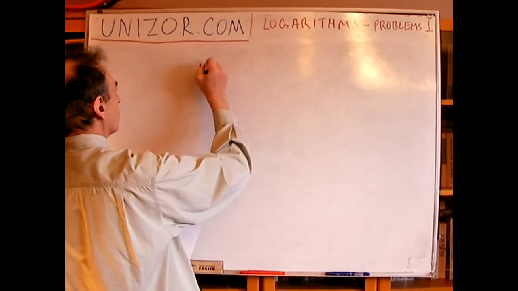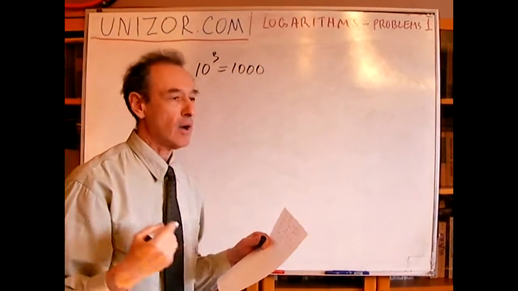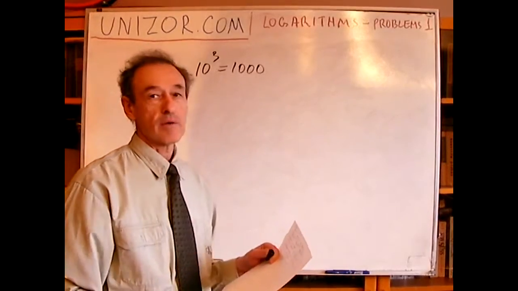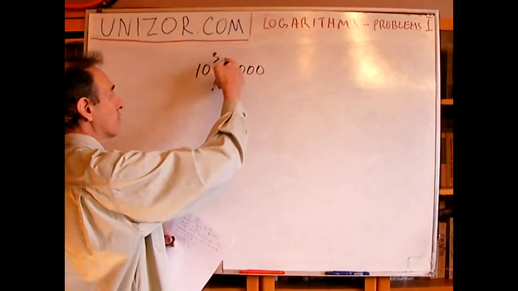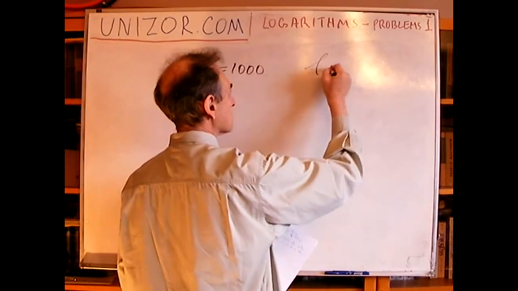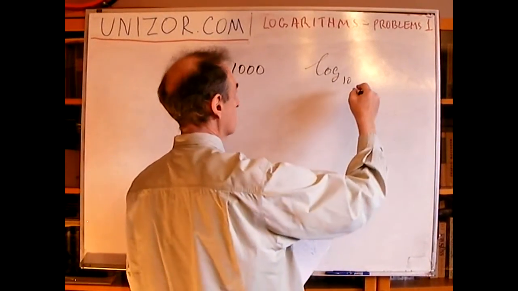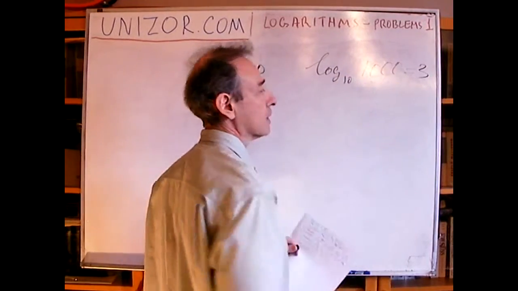So if I know that 10 cubed is equal to 1000, how can I rewrite this exponential expression in logarithmic form? Okay, let's just think about it. I know that 10 to the power of 3 is equal to 1000, right? Now that means that if I take logarithm base 10 of 1000, I should get 3.